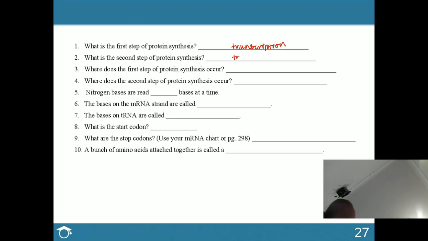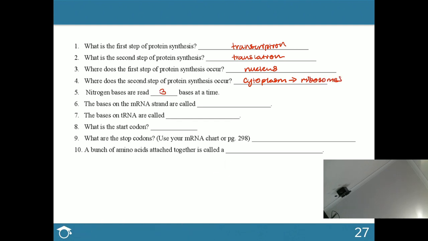Second step is translation. Where does the first step of protein synthesis occur? In the nucleus. Where does the second step occur? Cytoplasm. But more specifically, with the ribosomes.